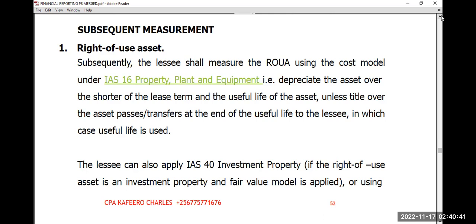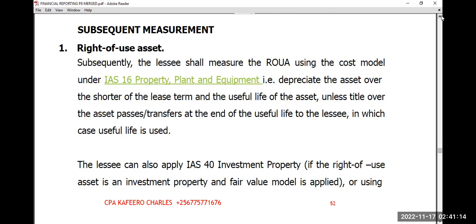Take a building with a useful life of maybe 15 years, and the person has leased that warehouse for 5 years. Those 5 years will elapse, and yet the asset still has 10 more years to reach its useful life.